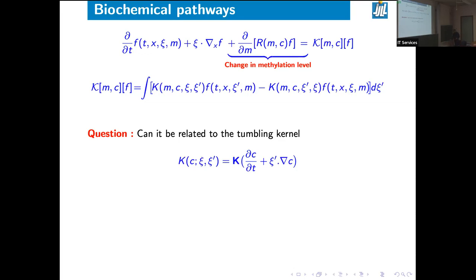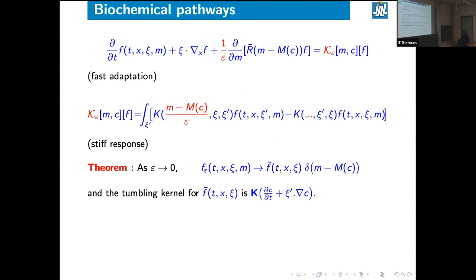Depending on the external signal, the internal concentration will adapt to the external signal to get an equilibrium, because it's a chemical reaction. And on the right, you have the tumbling effect. Depending on the values of m and c and psi prime, we will decide to tumble or not. So how is it connected to this model that I call the awful model, which has no geometric structure? That's very simple.